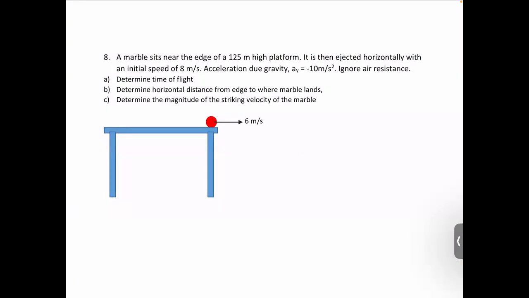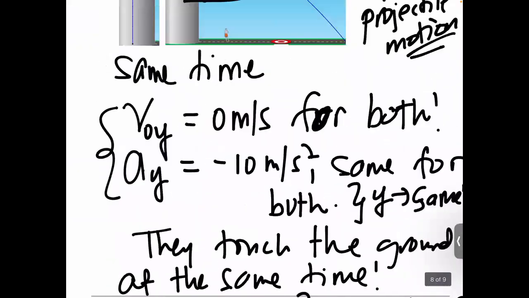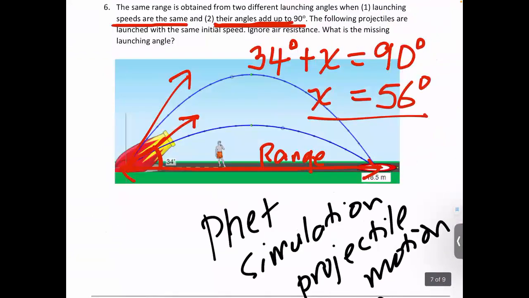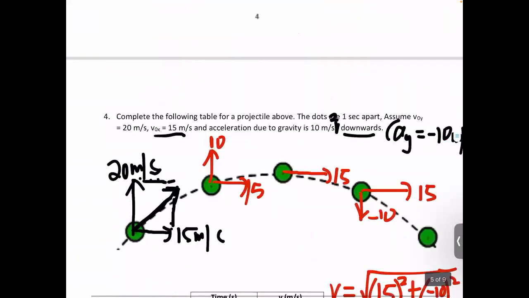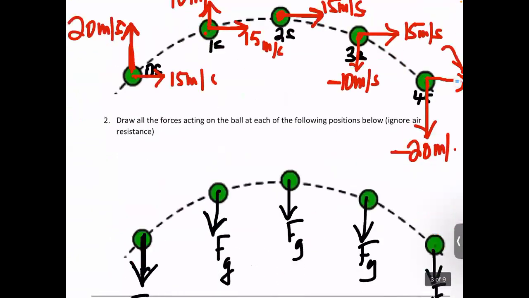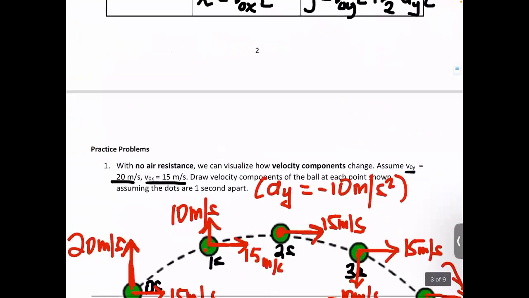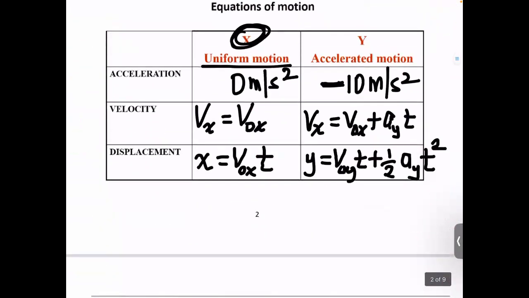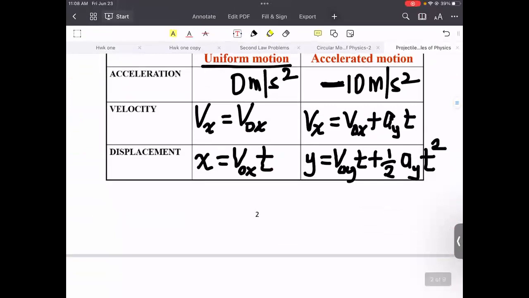All right, so time of flight. If you look at the equations I showed you, the time of flight can be found from one of the equations. I remember I shared a table with equations. This equation will help us to find time of flight.